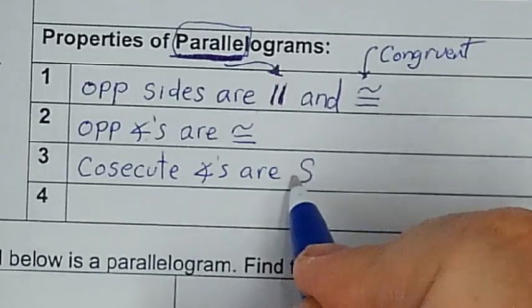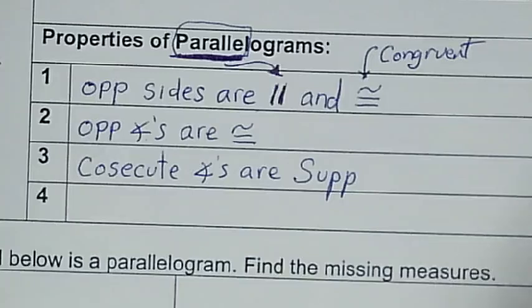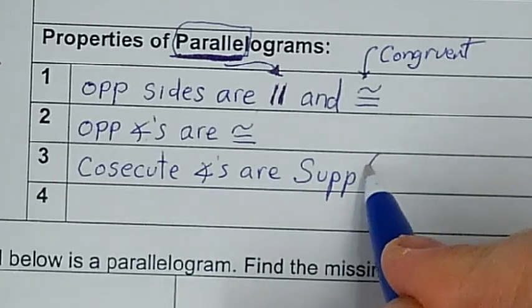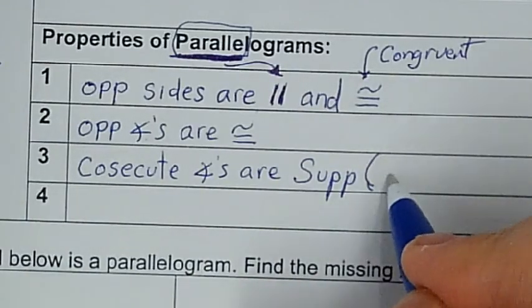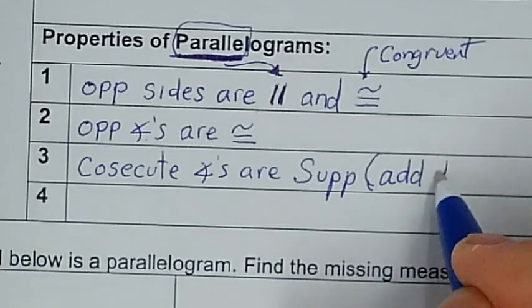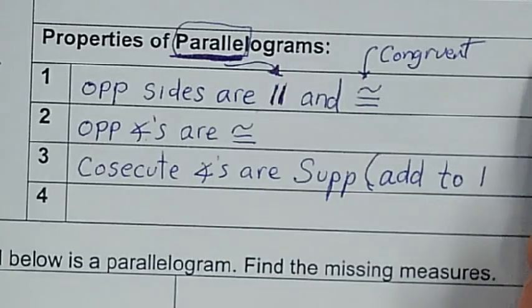See that word right there? What does sup stand for? Supplementary. Write that down. What do you think supplementary means? It adds to a very special number. What number is that? It is 180.